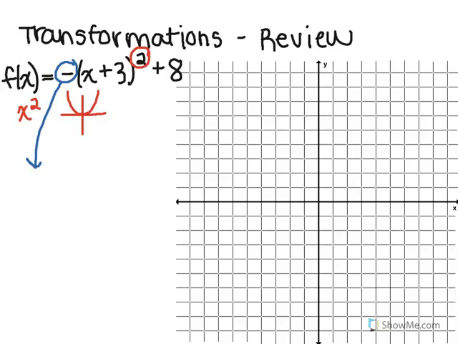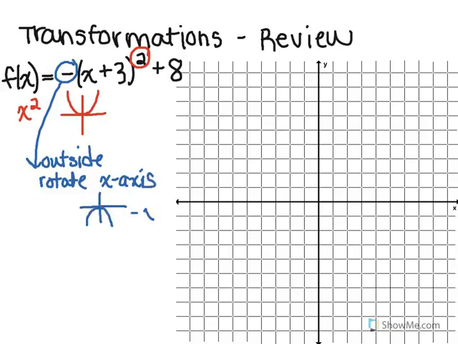Our parent graph is x squared, and since the negative is on the outside of that squared piece, it's going to flip or rotate along the x-axis. That would make a graph look something like this, because that's what the negative x squared graph would look like.